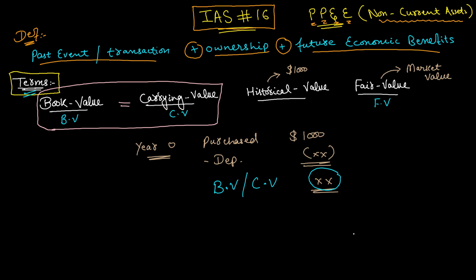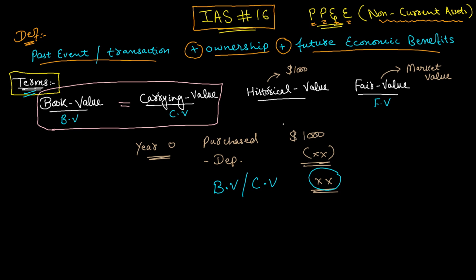Some companies may also have a revaluation policy at the end of each year. For example, instead of writing the asset at its book value or carrying value, the companies may try to write it at its actual fair value at the end of each year, and that market value can be more or less than the book value of the asset.